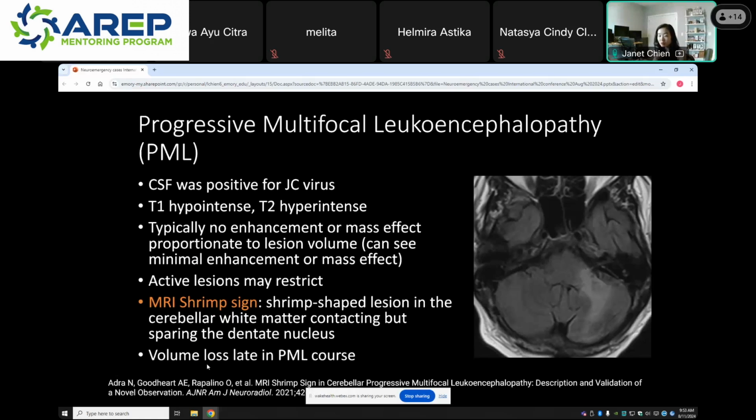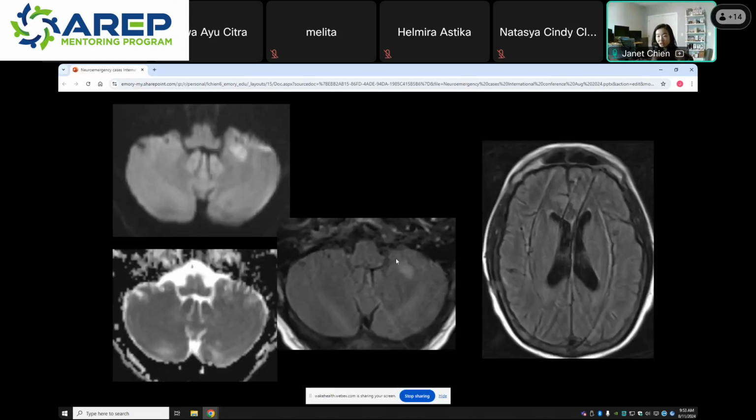The thing is, volume loss can happen late in the PML course. So I think what happened was when he presented here 4.5 months prior, I would have diffed it, right? Could be ischemia. However, in the absence of other ischemic changes in the brain in this immunocompromised patient, it could certainly be atypical infection such as PML.